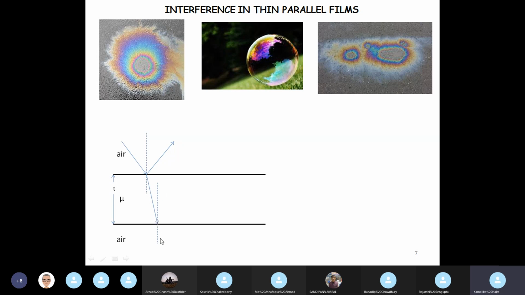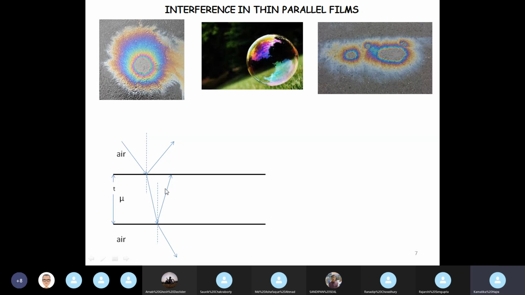So again this will be partly reflected, partly transmitted. Please follow the arrows, the chronology of the arrows as I go on. So we have another reflected ray and another transmitted ray. This reflected ray is within the medium and this transmitted ray is into air.